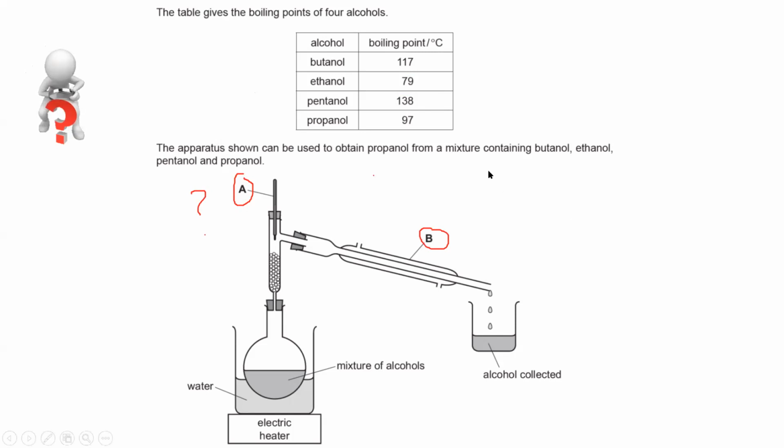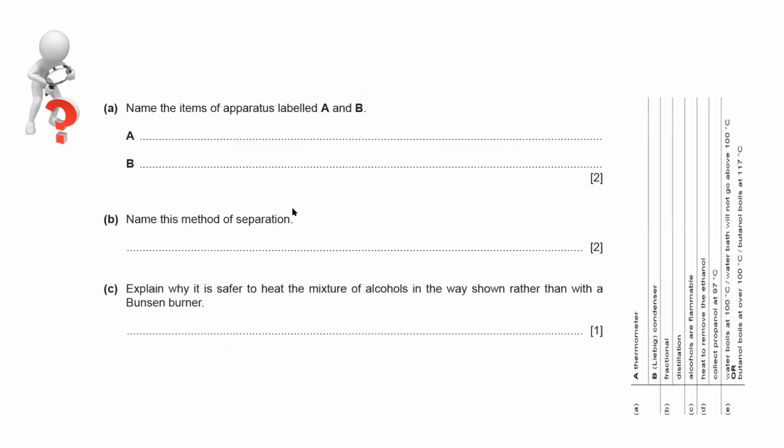And B is condenser. It is also called Liebig condenser. You can write condenser or you can also say Liebig condenser. Both are acceptable. Even if you write condenser, that is also correct. So A is thermometer, B is condenser.